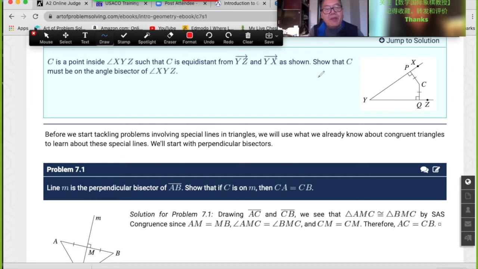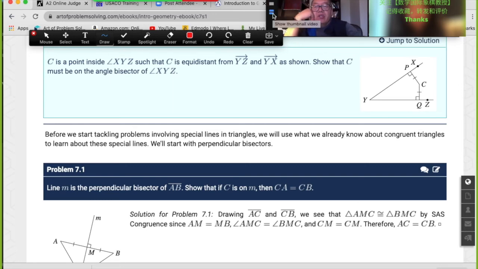Same thing. You need to connect which 2 points help you to get the 2 triangles. Then you prove that the 2 triangles are congruent, then get the 2 angles equal, then prove that C is on the angle bisector of angle XYZ.